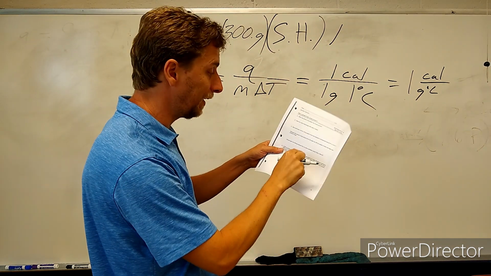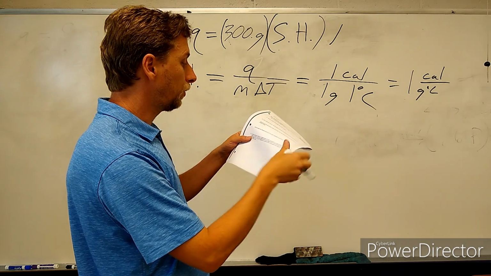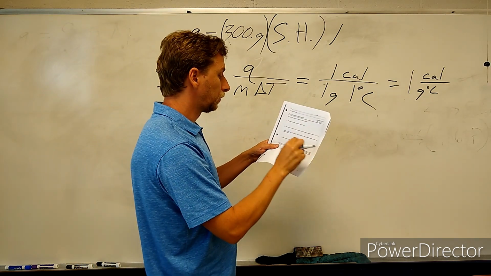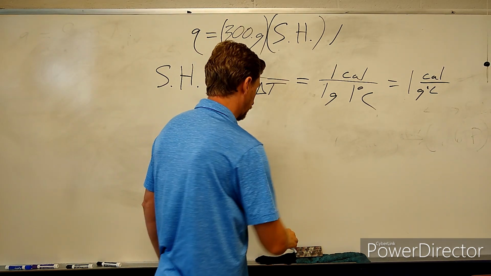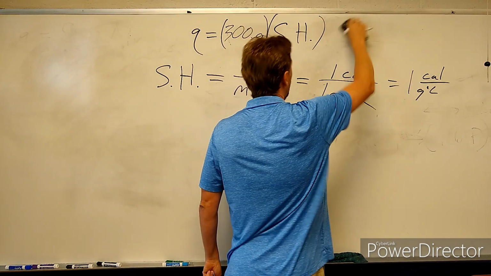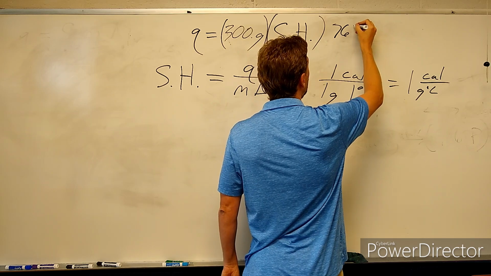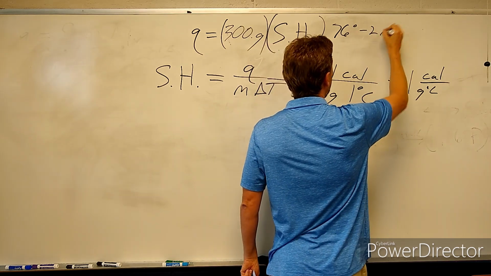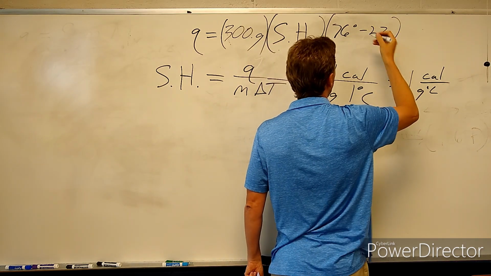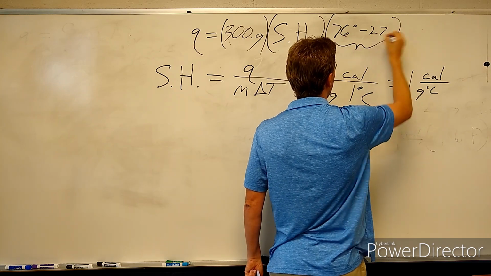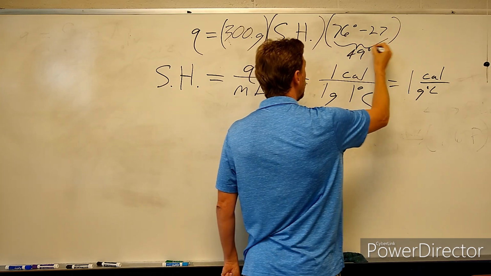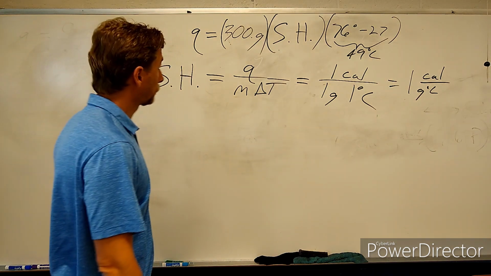It goes from 76 degrees down to 27 degrees. That comes out to be 49 degrees Celsius. All right?